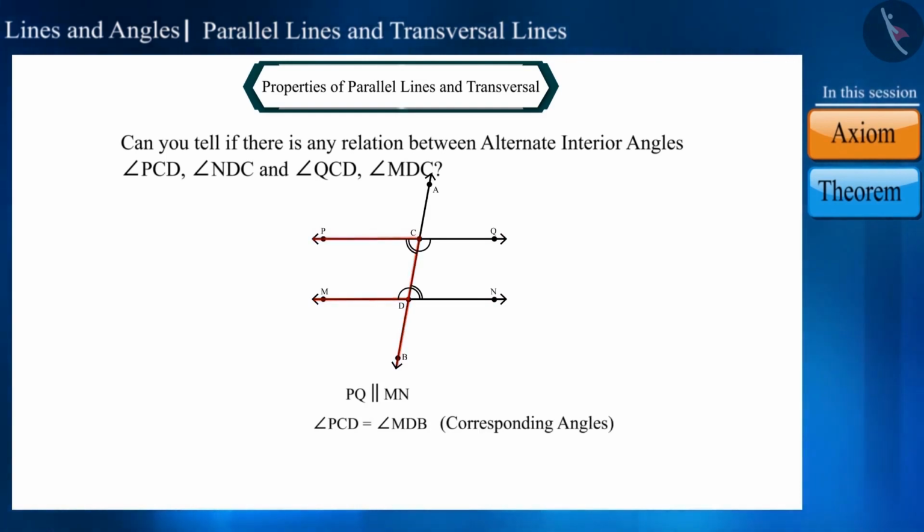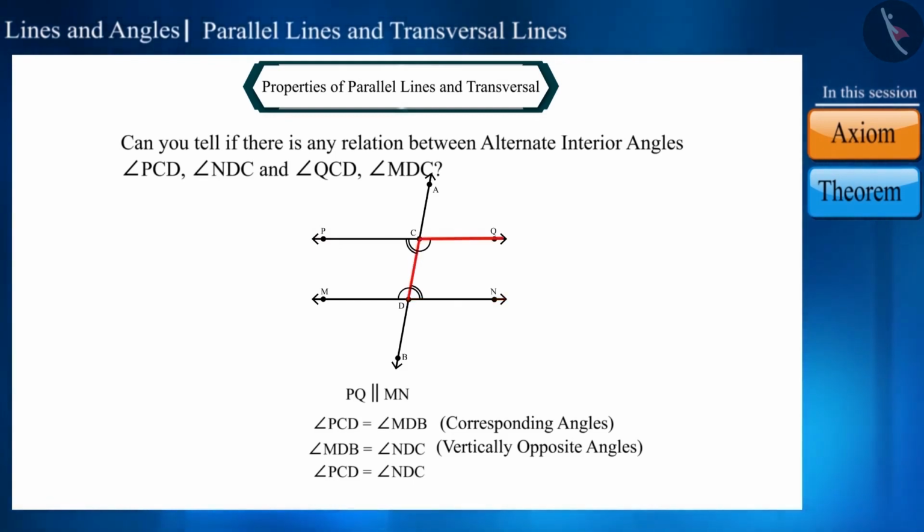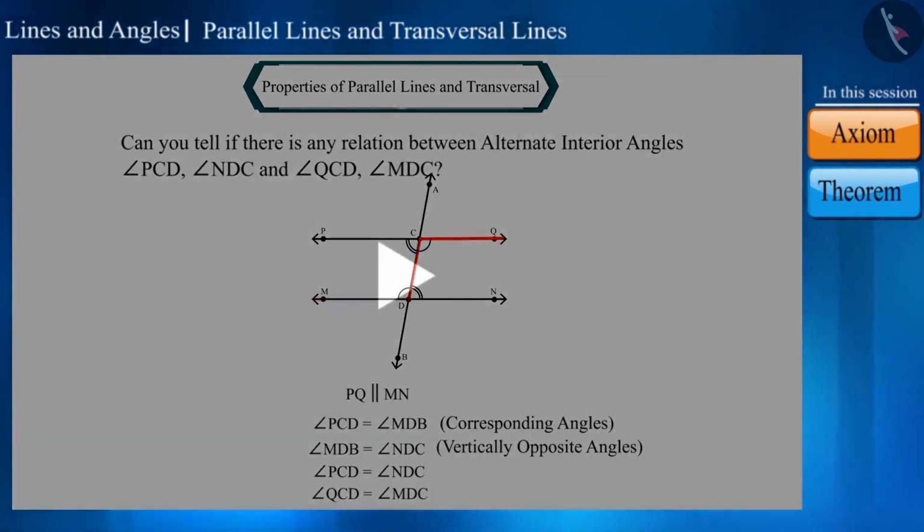So they will be equal, and angle MDB and angle NDC are also equal, as they are vertically opposite angles. From this, we can draw the conclusion that angle PCD and angle NDC will also be equal. Similarly, we can also prove that angle QCD and angle MDC are equal to each other. Why don't you pause the video and try to prove it?